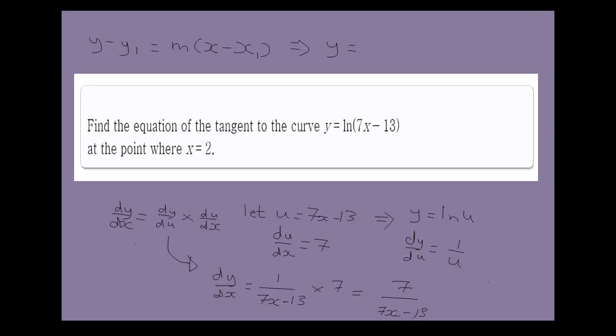Well, again, x is 2, so if we put the 2 in there, we just get 7 there, don't we, because it's 7 over 1. And then x minus x1, which is 2, and the equation generally would be fine in that form, but we can write it as y equals 7x minus 14 in y equals mx plus c format.